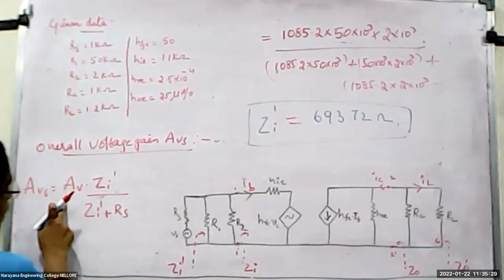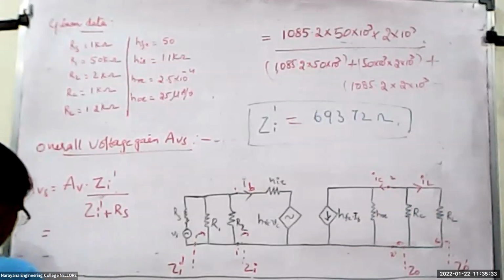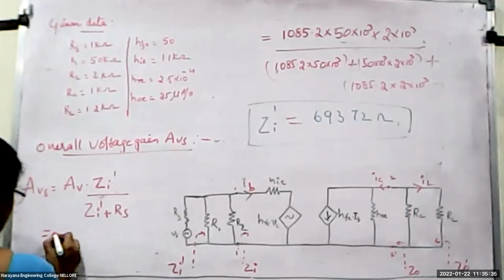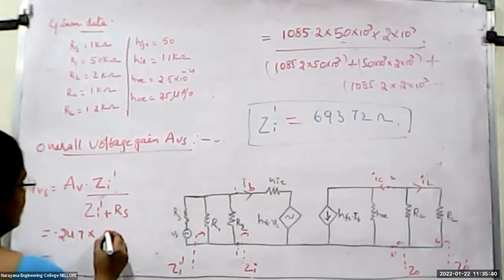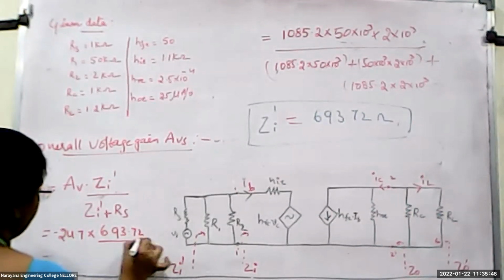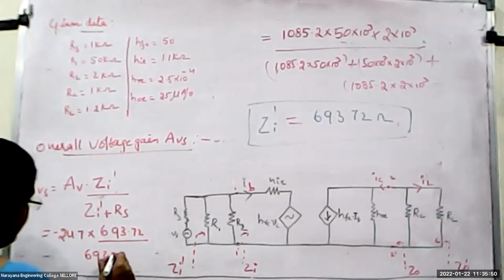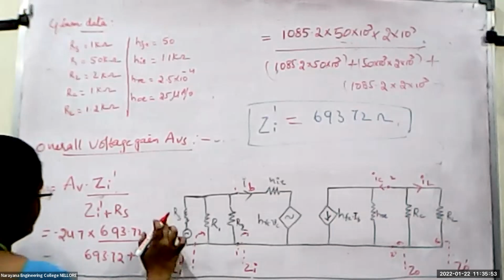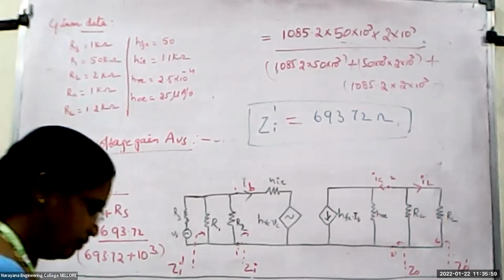What is the voltage gain you got? Minus 24.7 into ZI dash, 693.72, divided by ZI dash, 693.72 plus RS. RS value is 1 kilo ohm, that is 10 to the power of 3. Calculate this value.